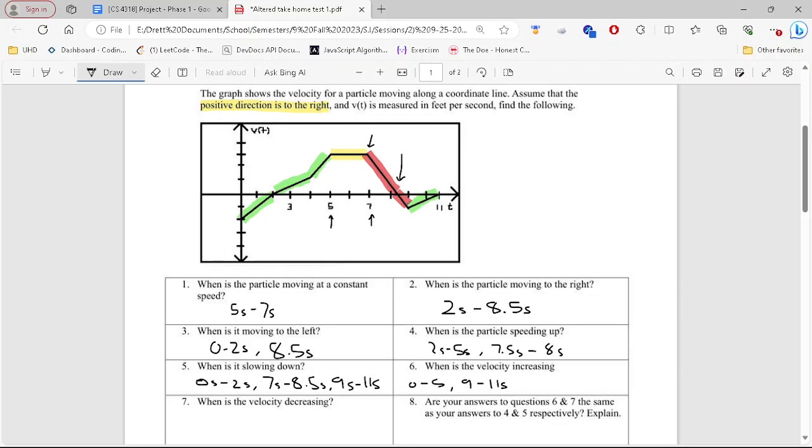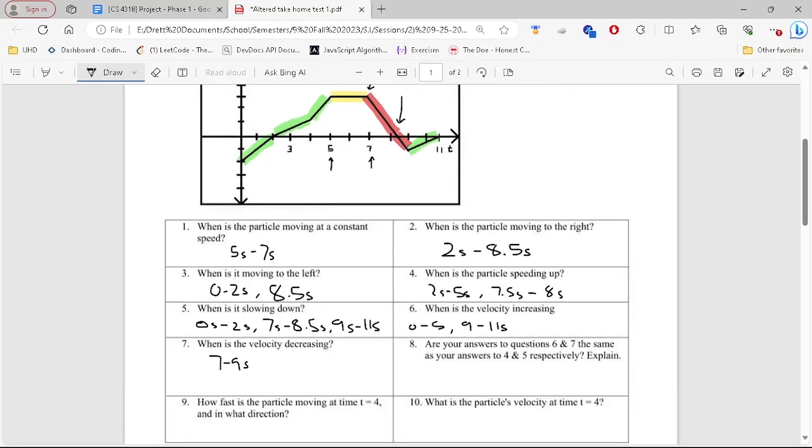Okay, so when is velocity decreasing? The velocity is decreasing everywhere it's red. So that's 7 to 9. Are your answers to 6 and 7 the same as your answers to 4 and 5, respectively? Explain.